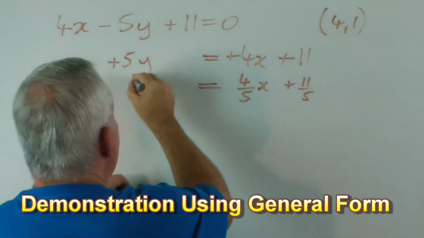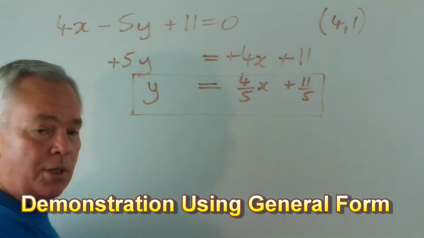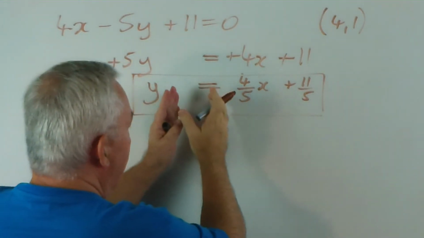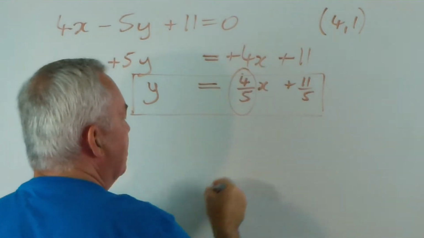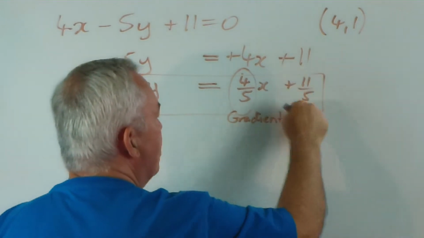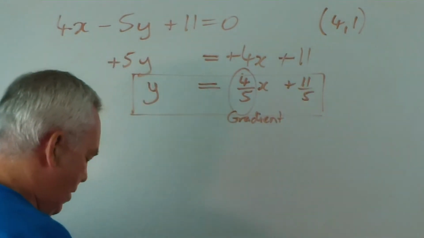So this is the form that we aim at traditionally. It's in the gradient-intercept form. We have y equals something x plus a constant. There's our gradient. I'll write the word gradient here. And here's the y-intercept, which is just over 2. 2 1/5, 2.2.